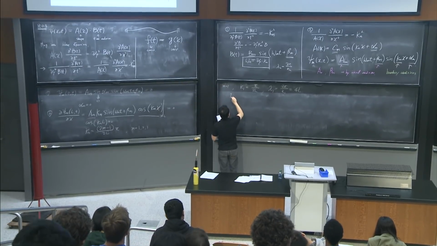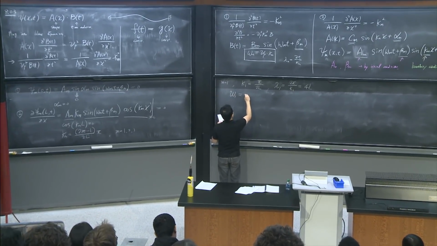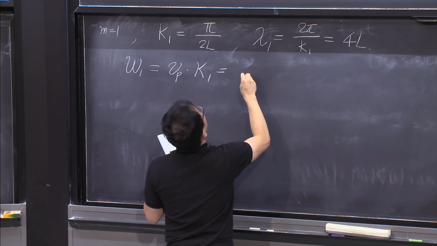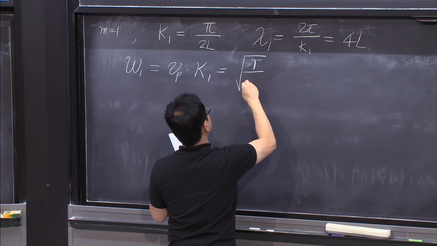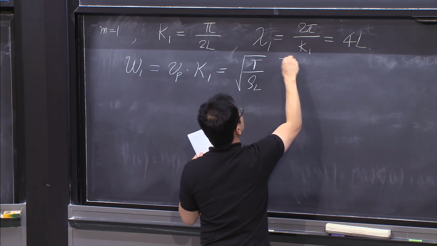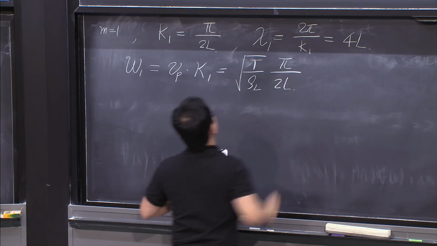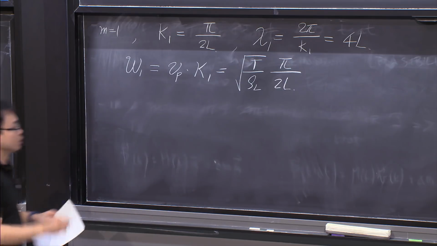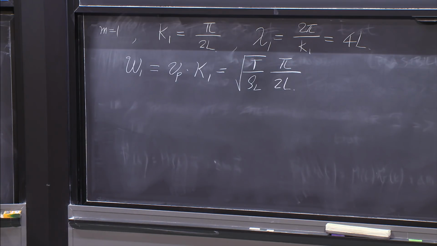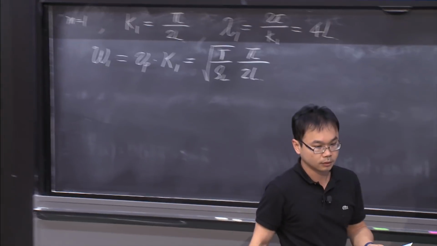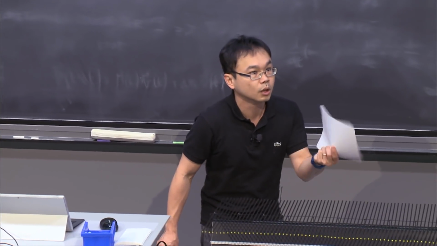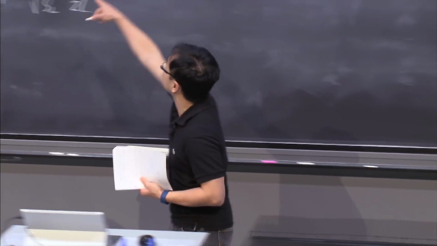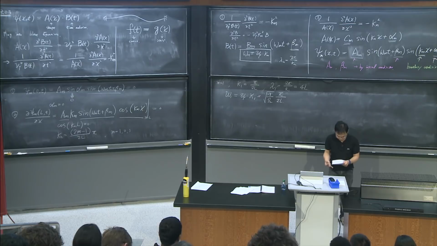So I can now calculate omega 1, which is equal to Vp times k1, and that will give you square root of T over rho times pi over 2L. Okay? This comes from the last lecture on the formula of Vp. So that means if you fix the shape of your normal mode, then the angular frequency is also fixed according to this dispersion relation.